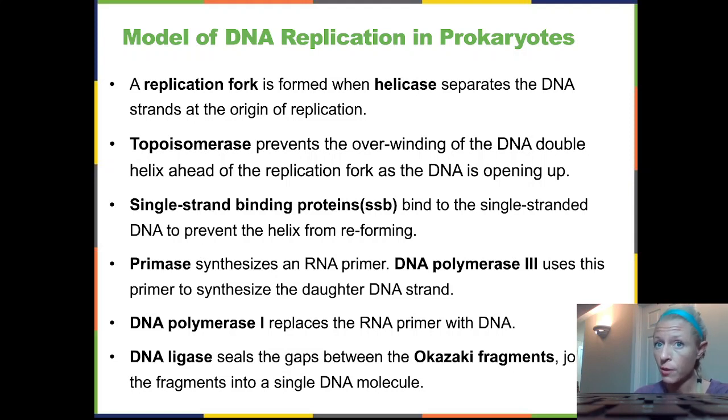Primase synthesizes RNA primers, and DNA polymerase III uses this primer to synthesize the new daughter DNA strand. DNA polymerase I replaces the RNA primer with DNA, and then DNA ligase seals the gaps between the Okazaki fragments, joining the fragments together into a single DNA molecule.